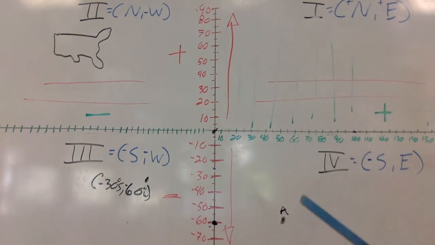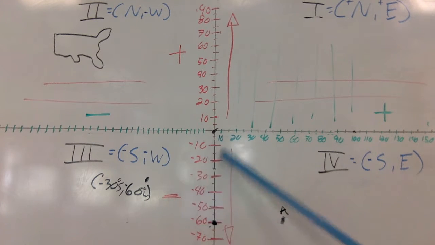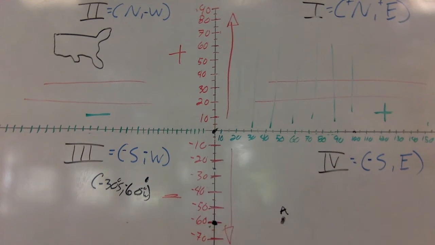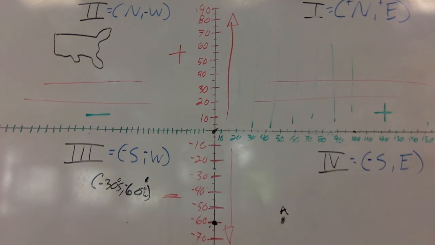So let me just say again, quadrant 4, you get negative south, because we're using these numbers. These numbers are negative, but we're using positive east, because we're using these numbers, which are positive.